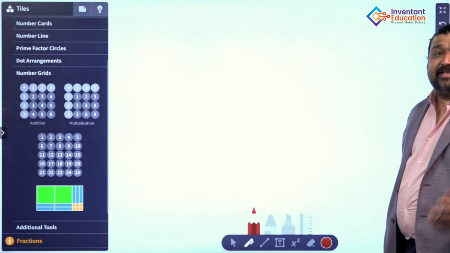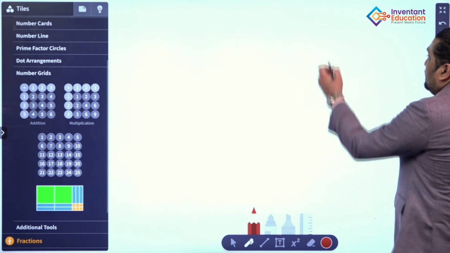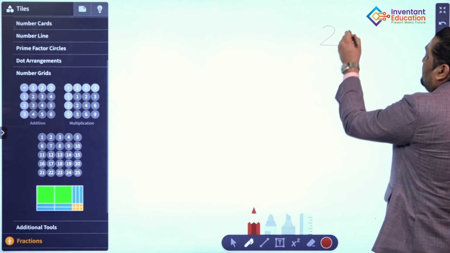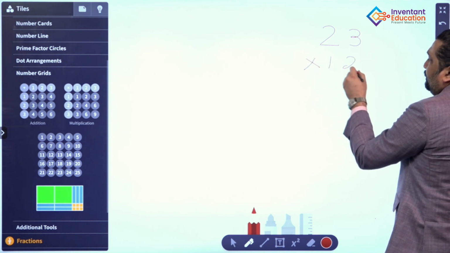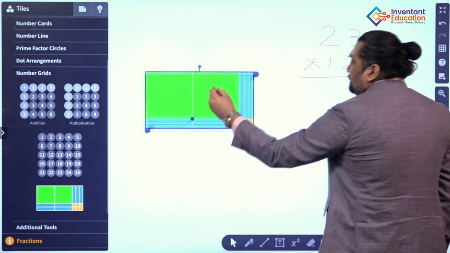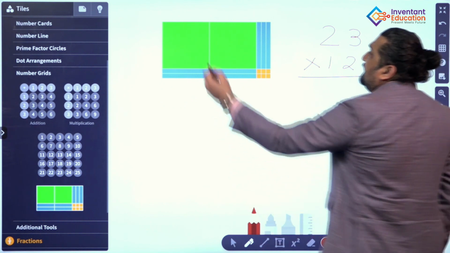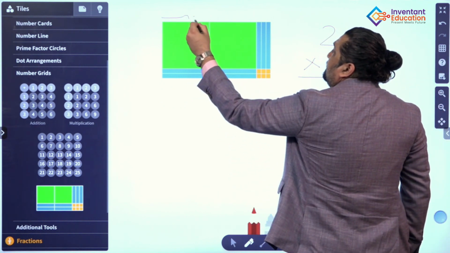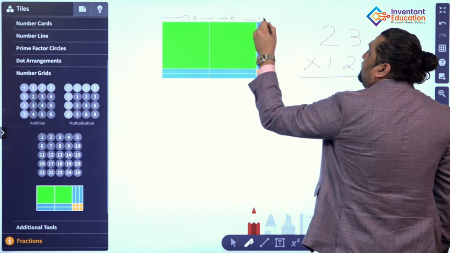Alright, now let us see how manipulatives are useful in multiplication. So I am multiplying 23 by 12. So I'll drag a model for this. Now if you consider this side, this is my 10, another 10 and 3 ones.